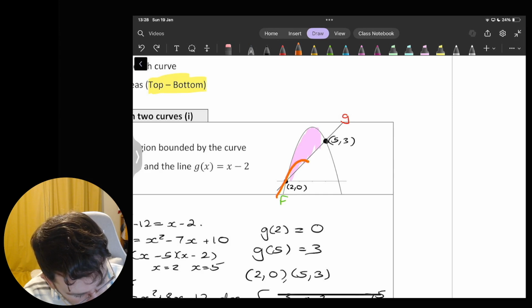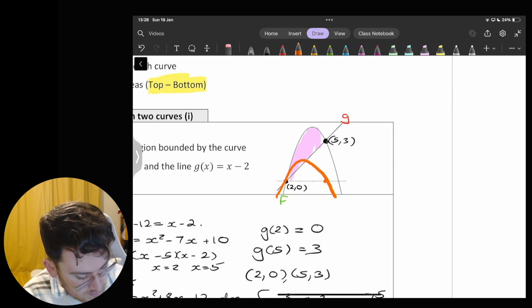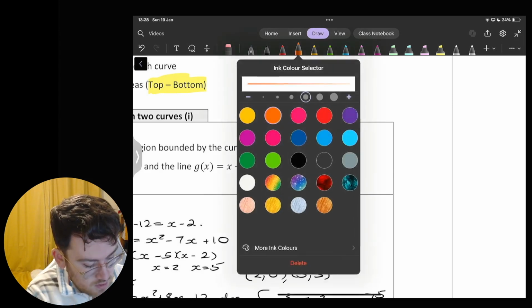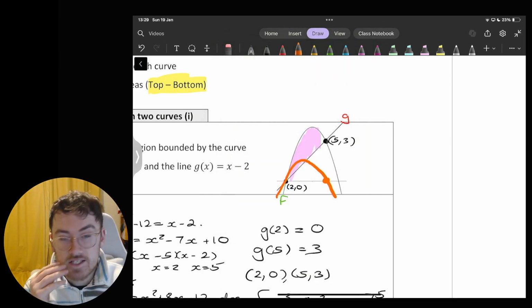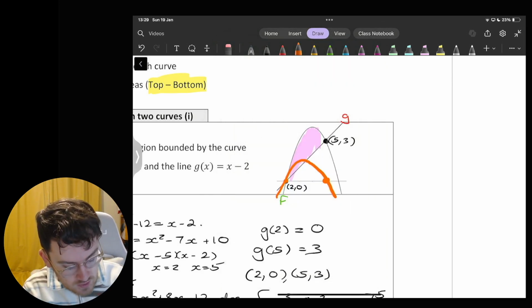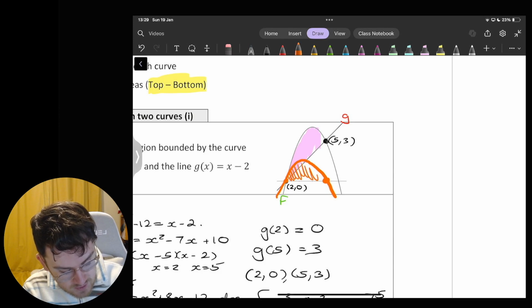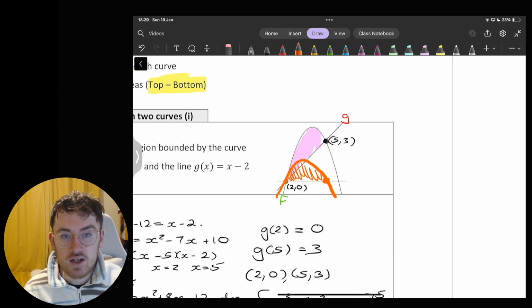We are creating a new function essentially that has as its roots the points of intersection of these two functions, which sets us up then to find this area in between here, which is set up to be the same as the area between the two curves there.